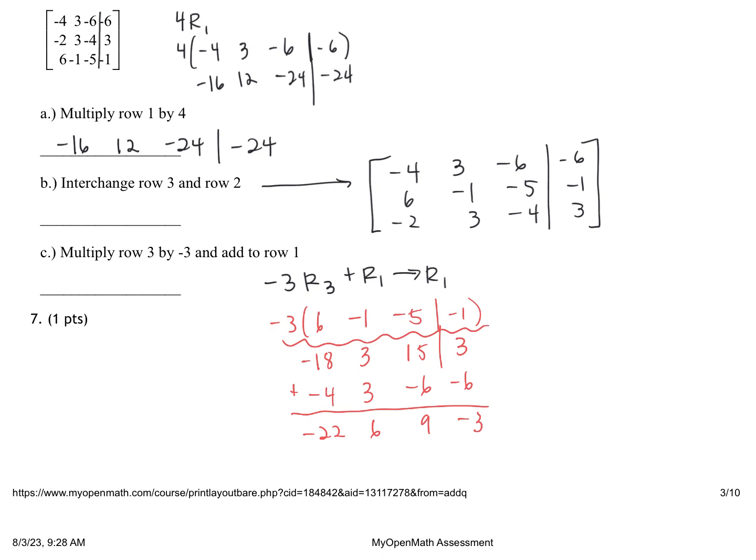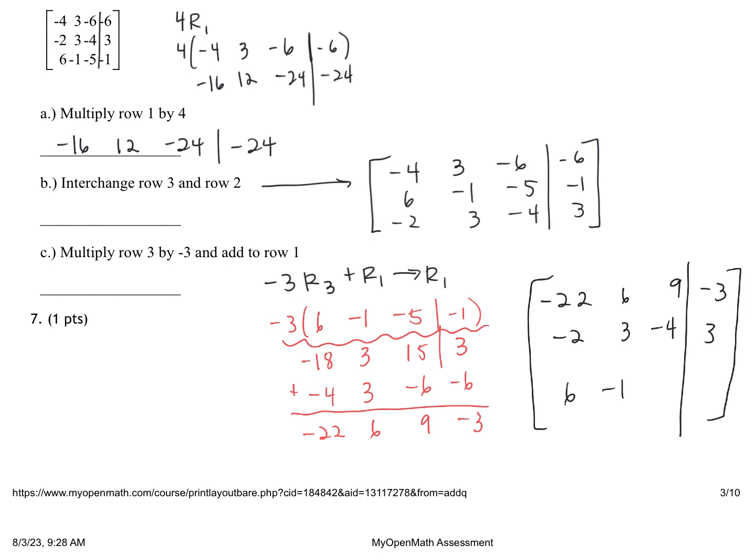So if I needed to write the whole matrix again, I would replace row 1 with what I just found. And then I would just copy row 2 and row 3. And that would be my answer for that matrix.